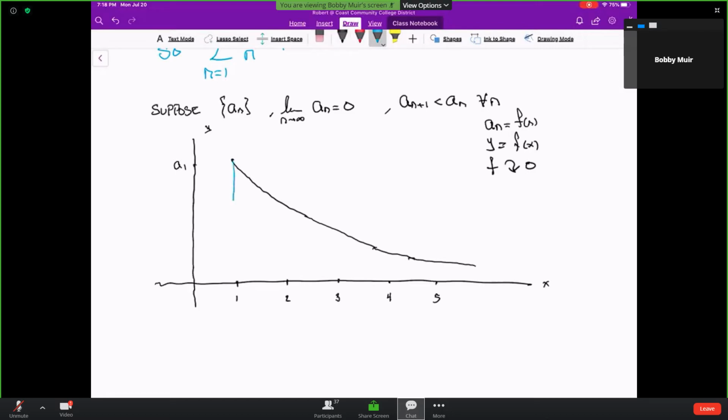Well, what I can do here is two different things. In blue, I'm going to draw rectangles over the function. And in red, I'm going to draw them under the function.